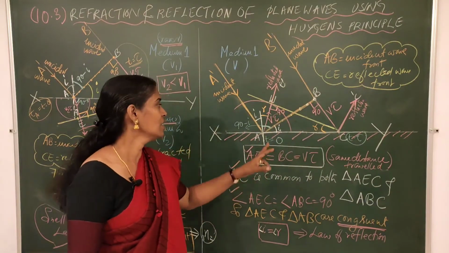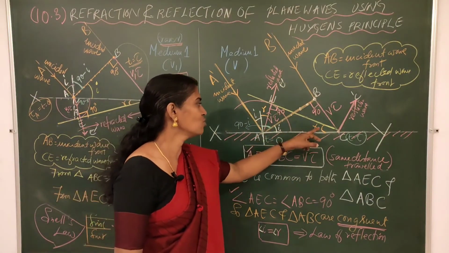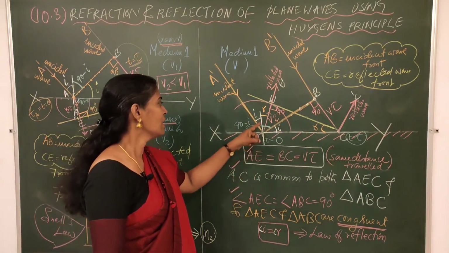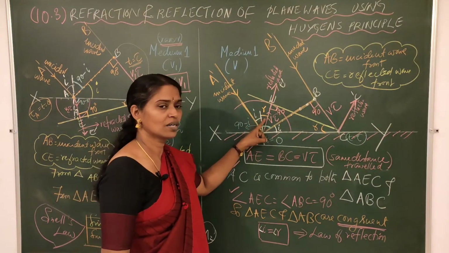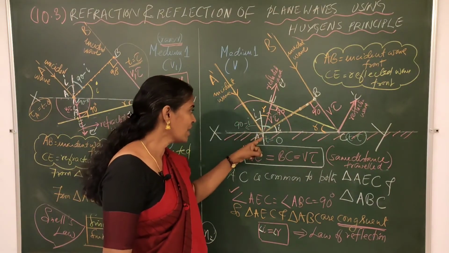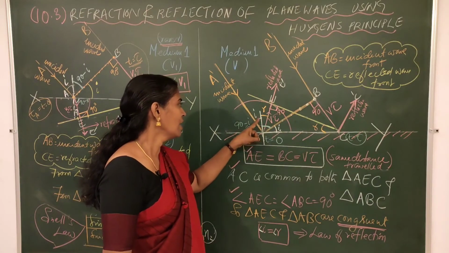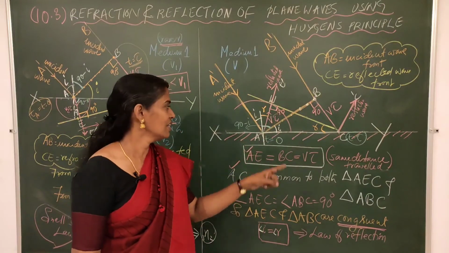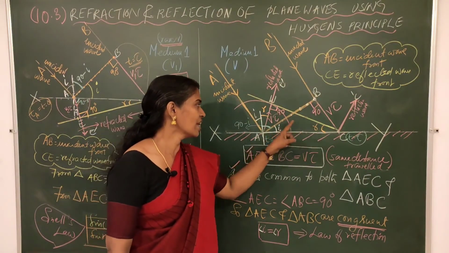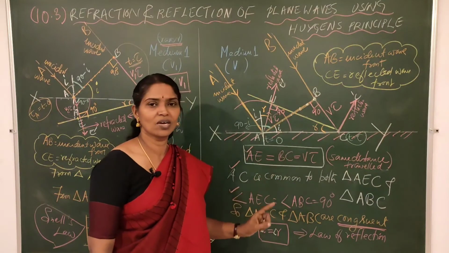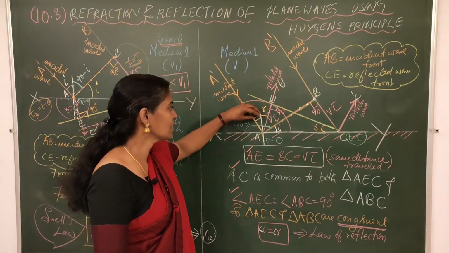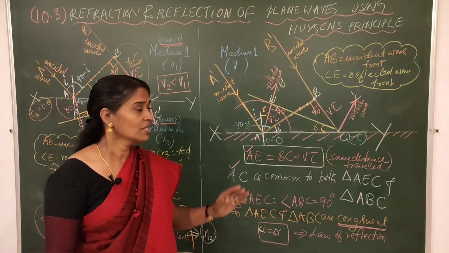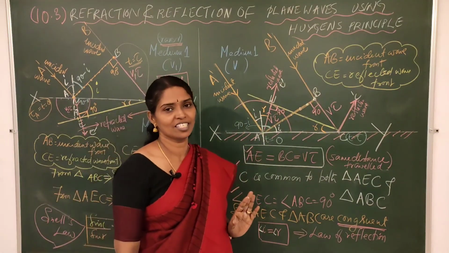So for sure the other angle I should be equal to angle R. And you know, by the law of reflection, the incident ray and the normal make angle I, and the reflected ray and the normal make angle R. I equals R. From this triangle, we can prove that angle I is equal to angle R. Whatever be the angle of incidence, the same will be the angle of reflection also. This is again proved by Huygens principle.